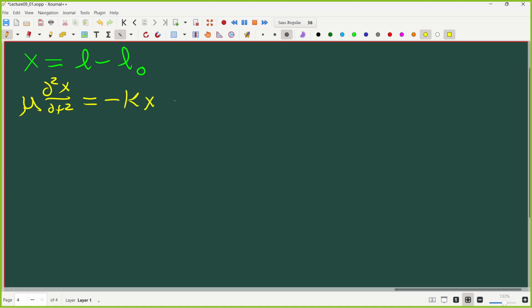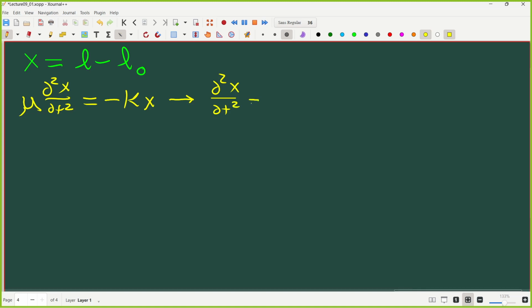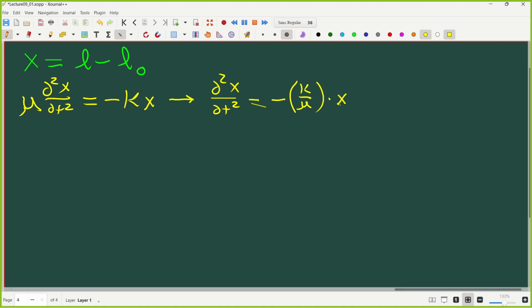So I'll rewrite this. It says that the second derivative of the position with respect to time is equal to minus k over mu times the position. So we have a differential equation to solve.